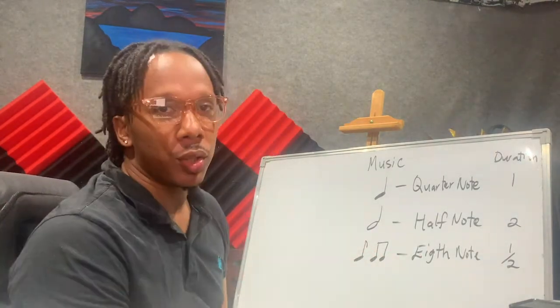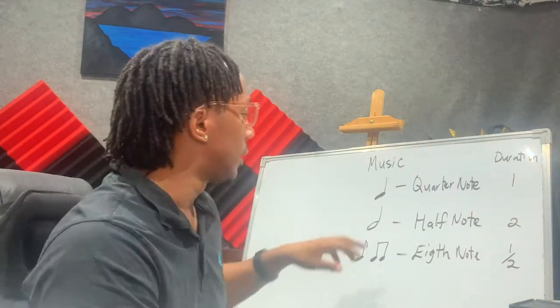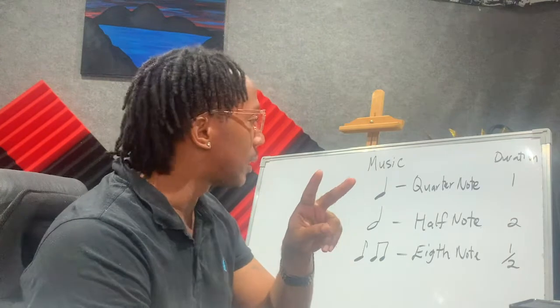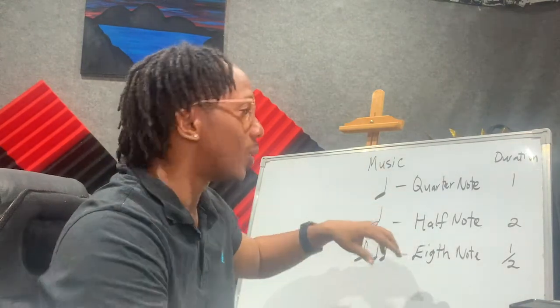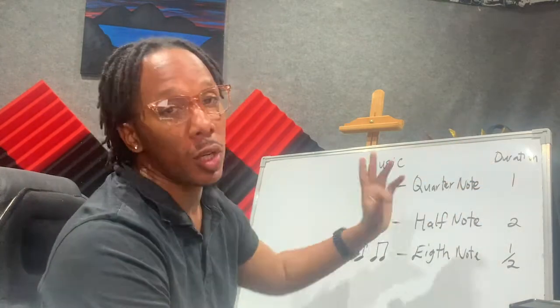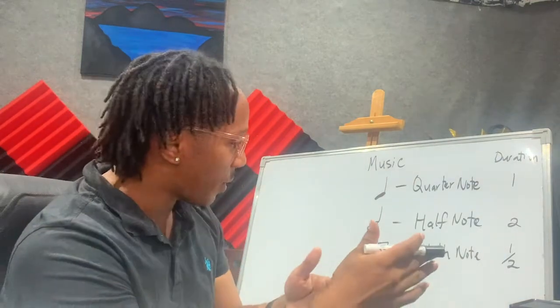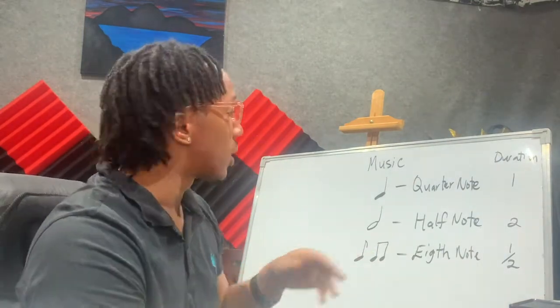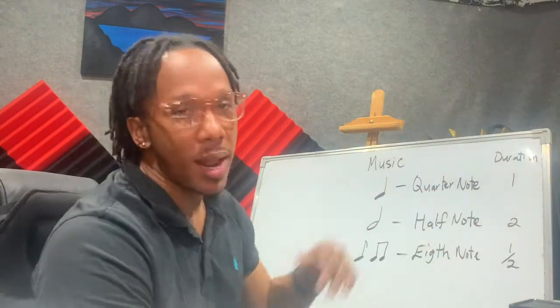So important to note that a quarter note lasts for 1 beat, a half note lasts for 2 beats. So how many quarter notes would I get in a half note? 2, right? 1 quarter note lasts for 1 beat, so there will be 2 quarter notes in 1 half note. An eighth note lasts for half a beat. So you would have 2 eighth notes in 1 quarter note, or 4 eighth notes in 1 half note.